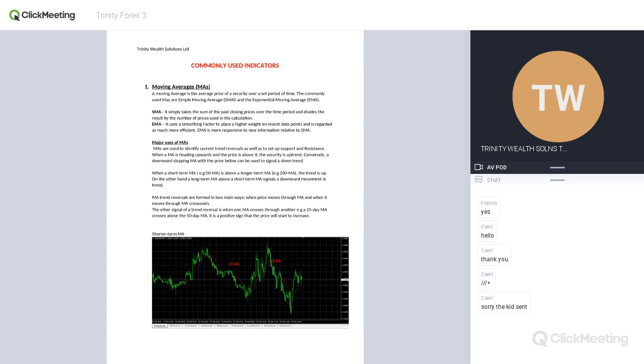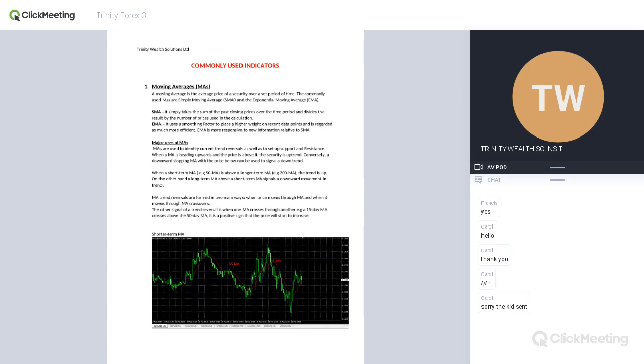So when a short-term MA, for example the 50 MA, that is the 50-day moving average, is above a longer-term MA, like the 200-day moving average, the trend is up. On the other hand, a long-term MA above a short-term MA signals a downward movement in trend.